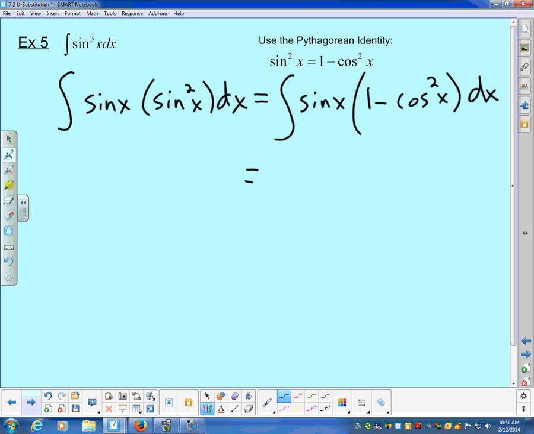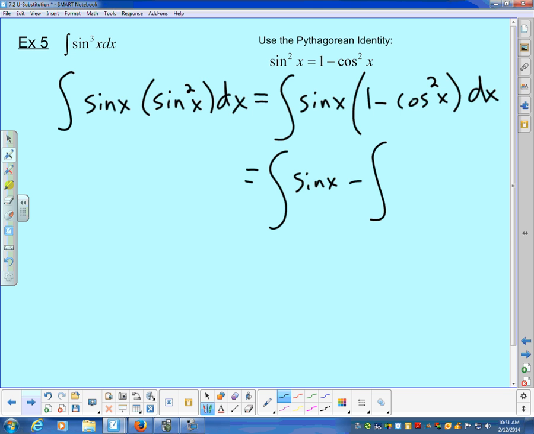So far I have not integrated yet. I'm just rewriting. I'm doing algebra and trig. So there's a little trig substitution. The next thing I would do is distribute. And so I have the integral of sine of x minus, I can leave the minus sign out in front if I want to.